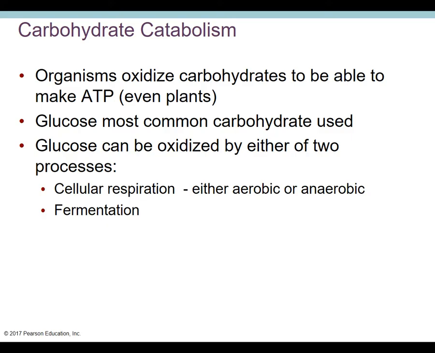All organisms oxidize carbohydrates, and what that means is they break them apart down to carbon dioxide, and that helps them to extract energy from the bonds of those carbohydrates, and they can transfer that energy to make ATP, and this is true of all organisms.